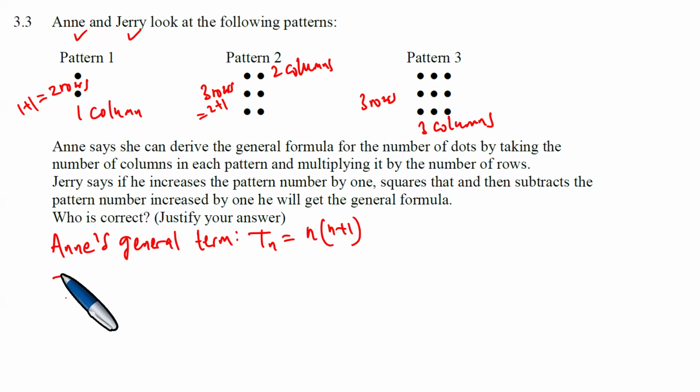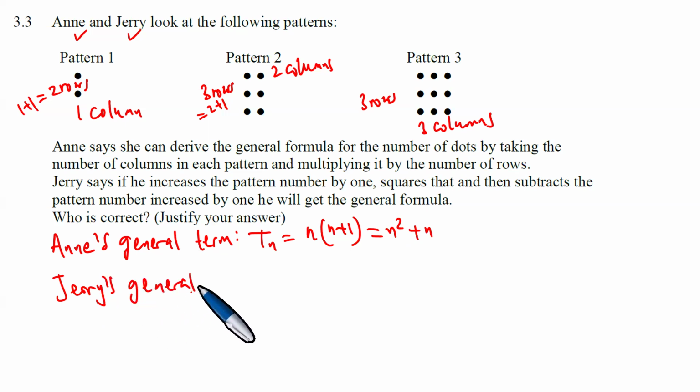You can also write this as n times n plus 1, which is n squared plus n. Okay, let's look at Jerry's general term.